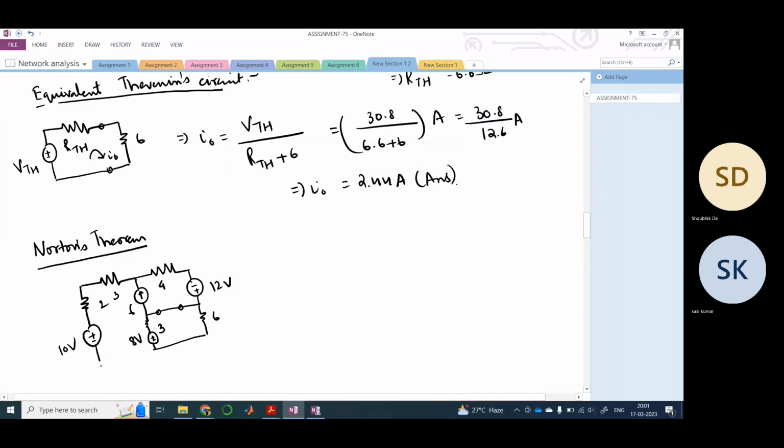There was a 3 ohm. Okay, so here you need to calculate what is the ISC.